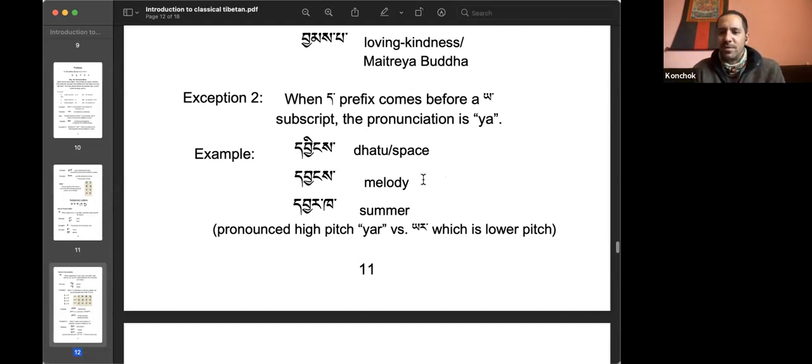Also Federico sent us a really beautiful picture of Saraswati. Her name is Yang Chenma, also coming from this Yang. Manjushri also is Jampe Yang, sometimes one of his names. Also this melody. Somehow this wisdom is related to sound.